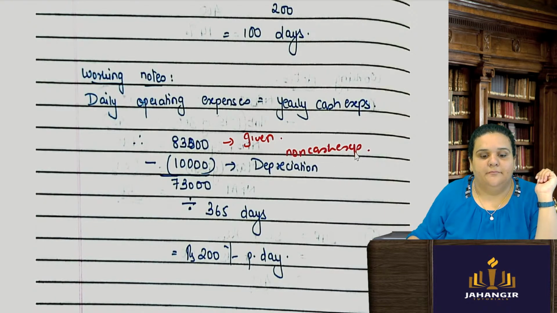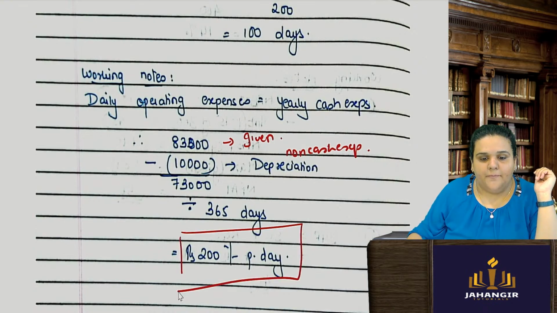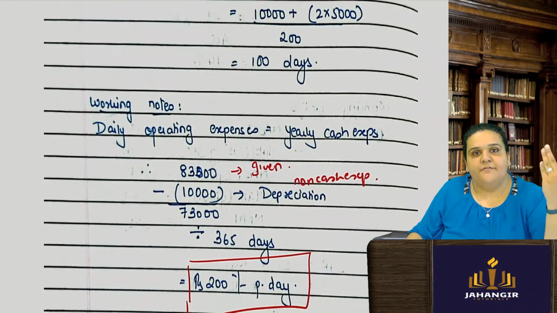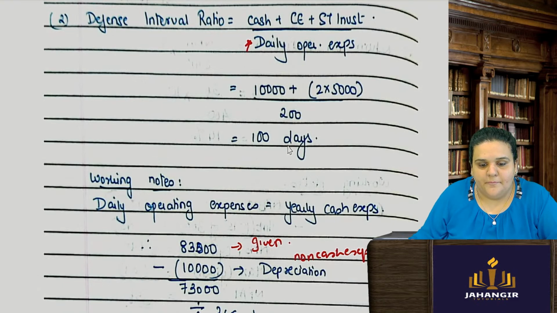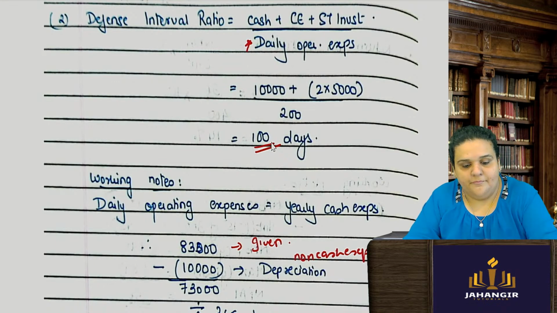I will remove that. 73,000 divided by 365. I want daily. Each day, how much is my operating expense? So rupees 200 per day. So how much cash and cash equivalent do I have over my daily operating expenses? 100 days. Okay, is the answer right?